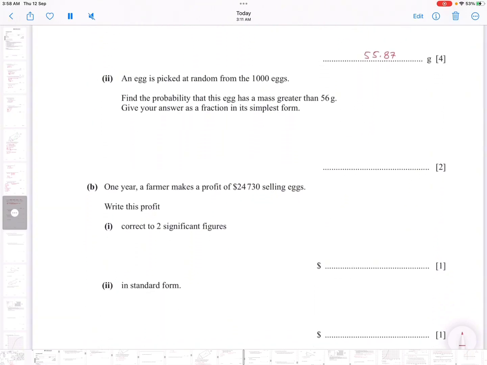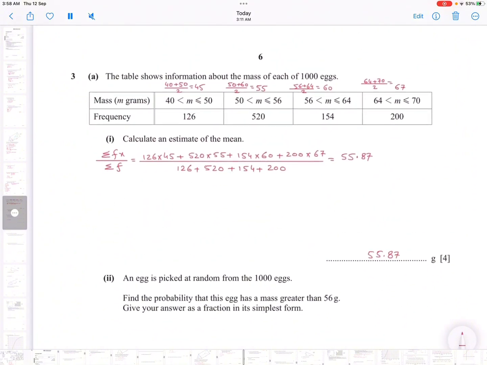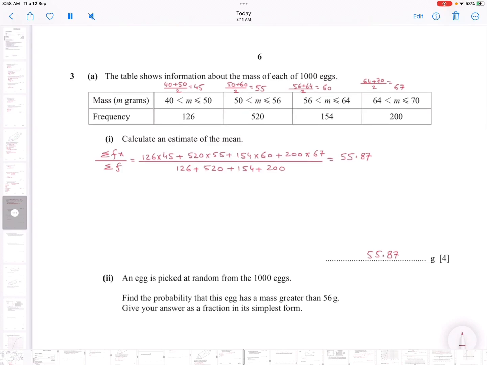An egg is picked at random from 1000 eggs. Find the probability that this egg has mass greater than 56. So greater than 56 are 154 and 200.